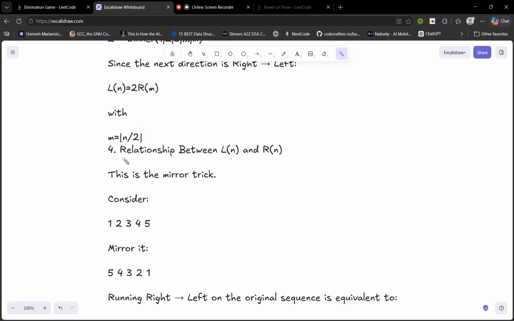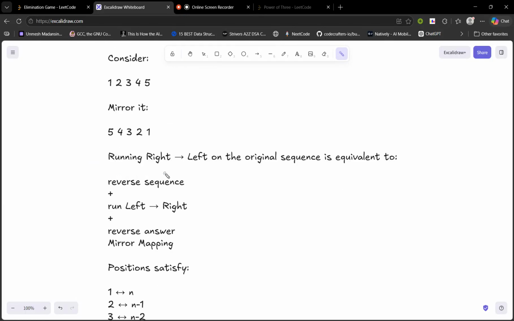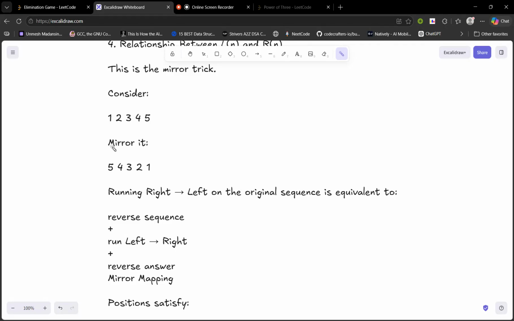Now, how will we find the relation between L of n and R of n? Consider, if we perform the operation left to right, let us mirror it.